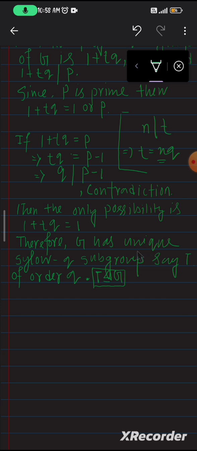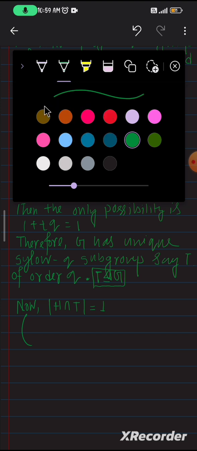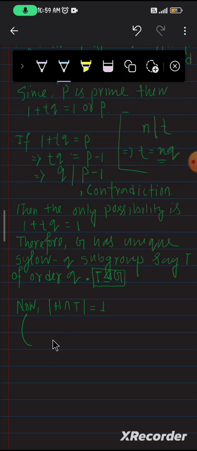Okay. Now the order of the intersection H intersection T equals 1.